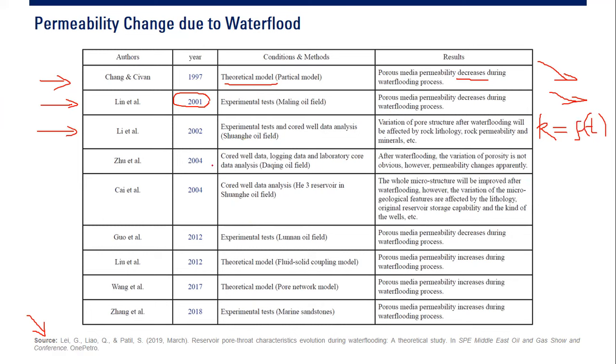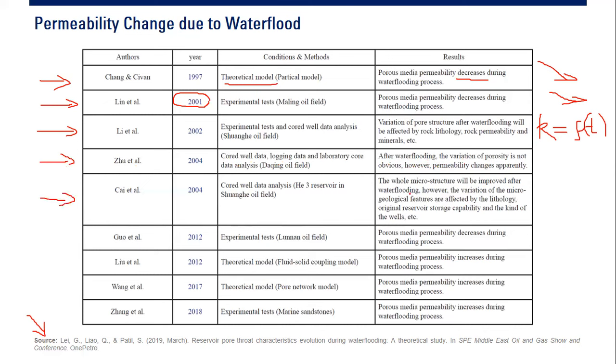And Zhu et al. 2004, based on core well data, logging analysis, laboratory core data analysis, they say that after water flooding, the variation of porosity is not obvious. However, permeability changes apparently. Okay, so permeability will change. And Kai et al. 2004, core well data.